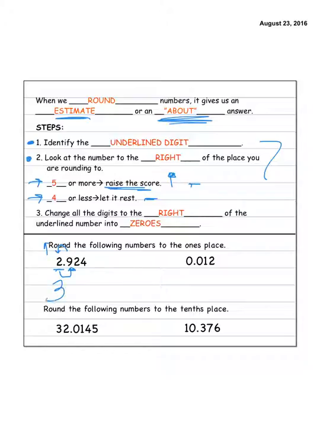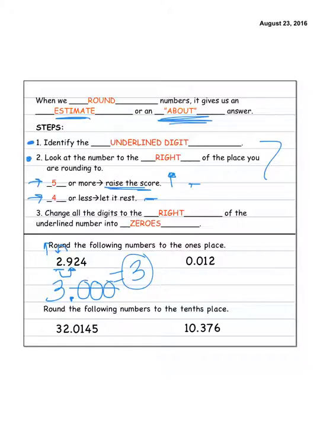So I'm going to make that a 3, and then everything to the right turns into zeros. So all these digits are zeros. Any zeros after a decimal with nothing after it can just go away, because 3 is the same as 3 and 0 tenths or 0 hundredths or 0 thousandths. So this is just going to equal 3.